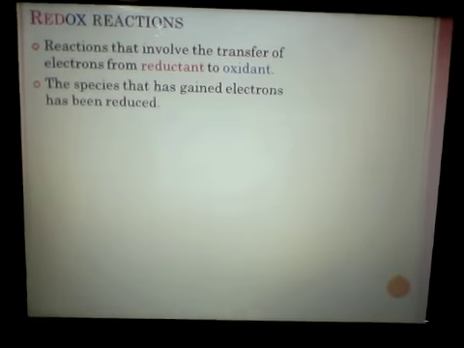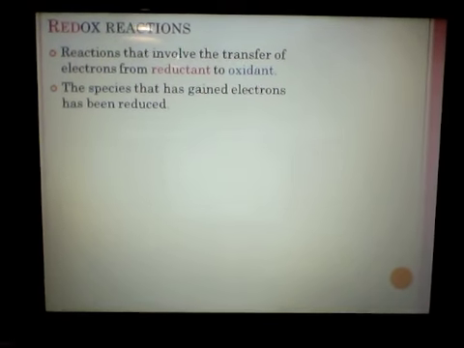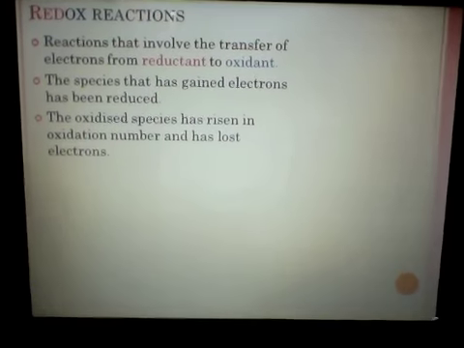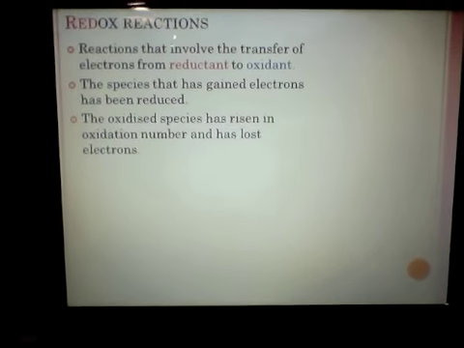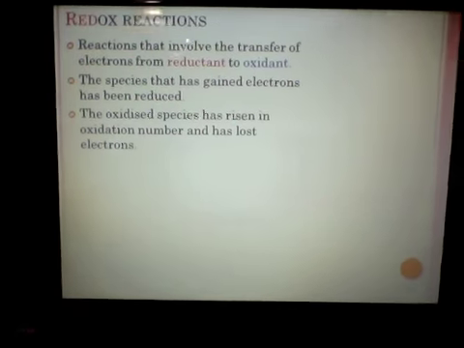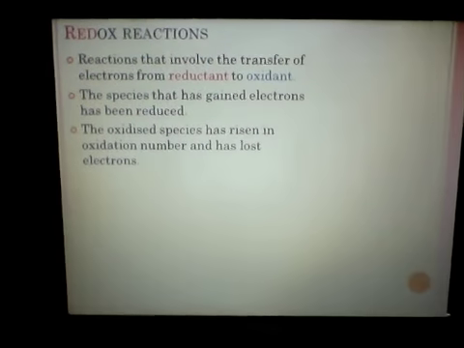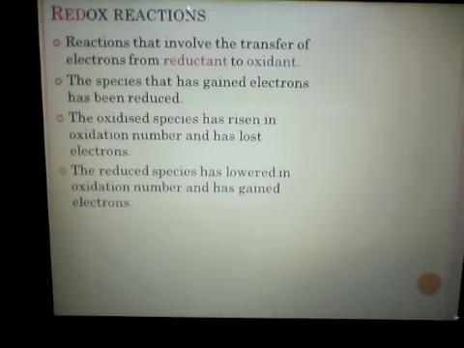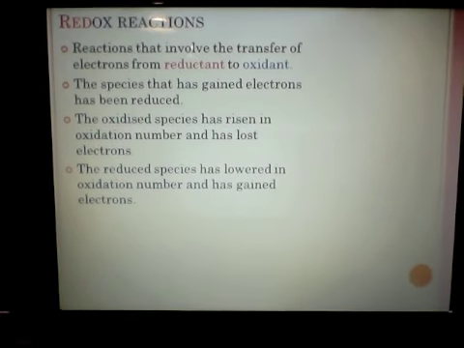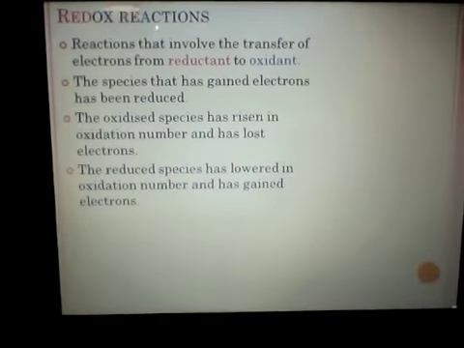That's why it is called reduced. The oxidized species has risen in oxidation number and has lost electrons, so it's been oxidized. The reduced species has lowered in oxidation number and has gained electrons.